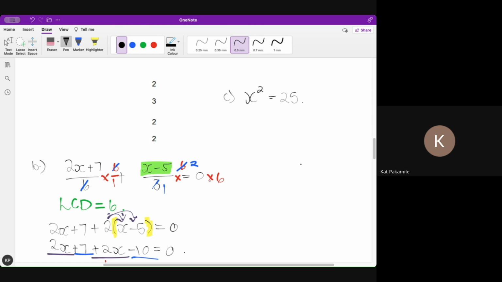You have permission to unmute yourself if you'd like. What do we need to remember when we square root both sides, guys? Let me do it, and then let's see if you guys catch on. So if I square root both sides, what is my answer?